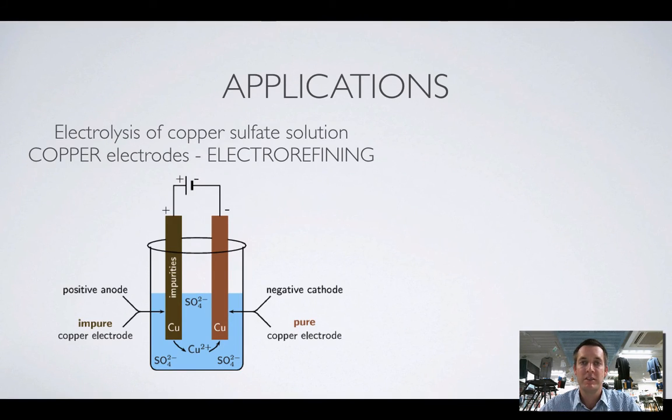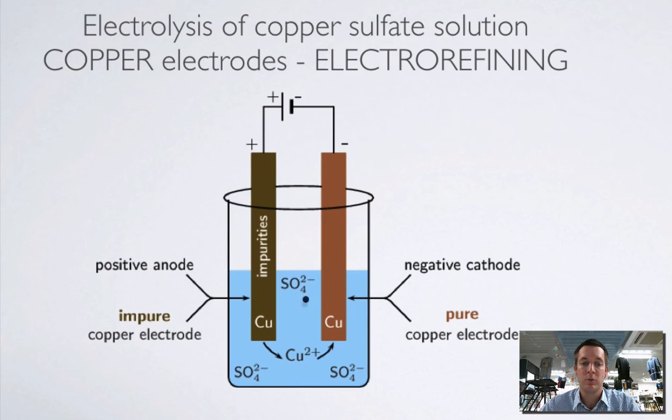Now, very similar in principle to electroplating is the electrolysis of copper sulfate solution in order to purify copper. Okay, now here we've got a negative electrode which is going to attract copper ions. If you made this of a very thin wire of copper that you knew was very pure, then any copper ions that got deposited onto here as copper atoms would just add to your very, very pure lump of copper, and as your electrode grew you'd have more and more pure copper.